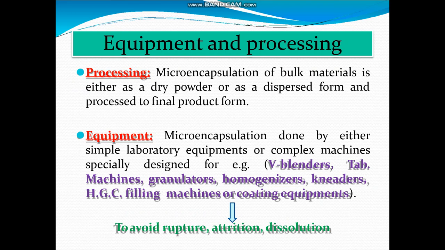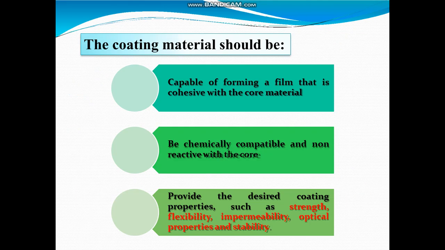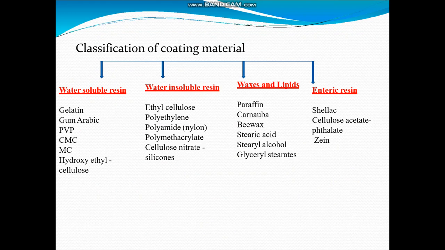We discussed why microencapsulation is performed, what the different methods, equipments or processes used are, why microencapsulation is important, and how we can differentiate between core material and coating agent. This was a general discussion regarding microencapsulation, which is a very important topic for all PharmD and pharmacy students.